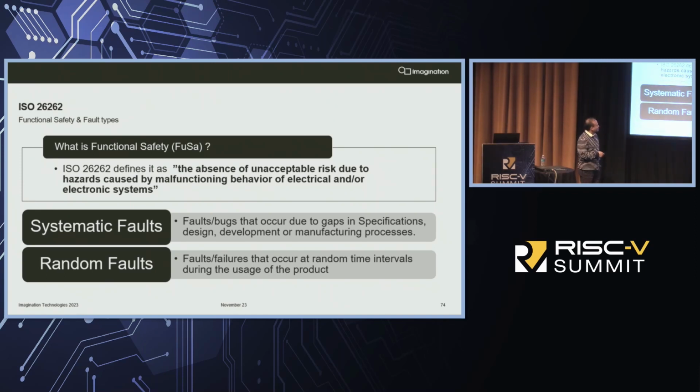One is the systematic fault. Systematic faults occur due to gaps in the specifications or in the design and development stage. The random faults are the ones that occur during the lifespan of the usage of the product. In this talk, we are just focusing on systematic fault avoidance because this itself is a large topic to cover. We are only talking about the process part of things in this talk.